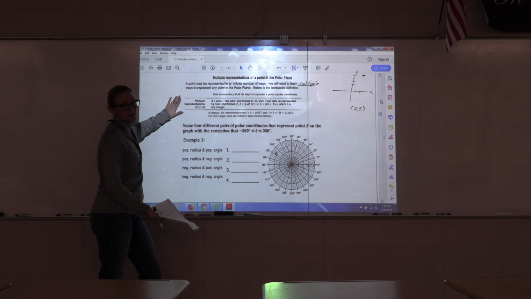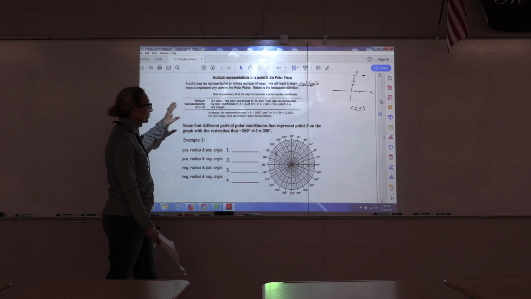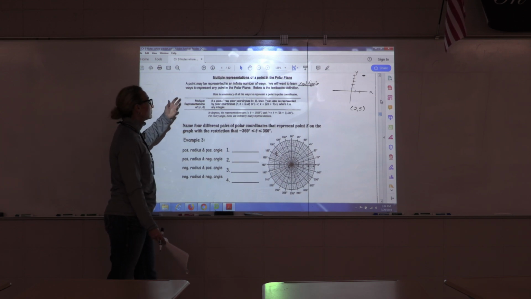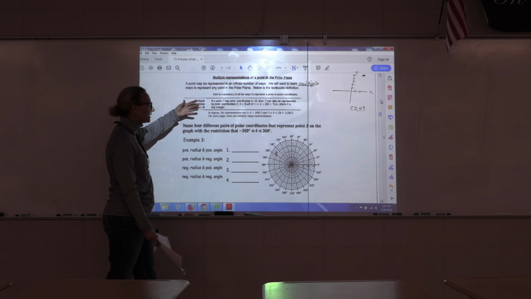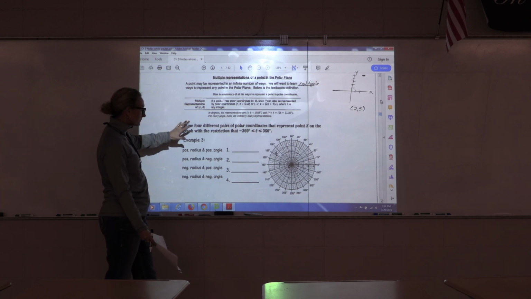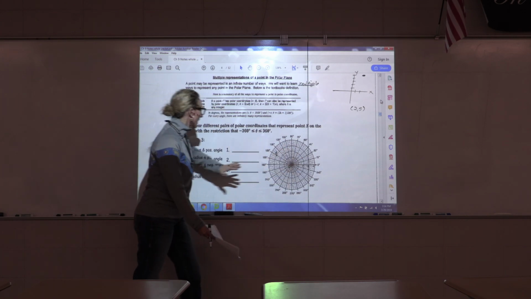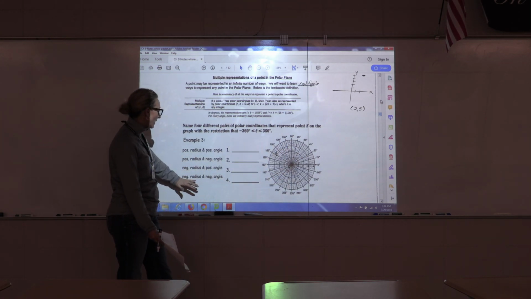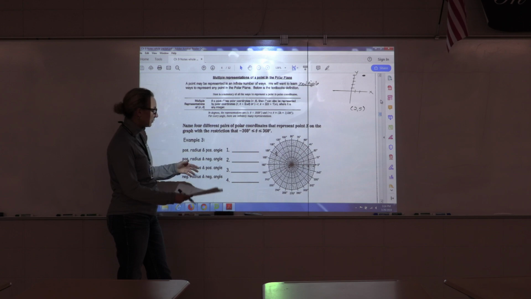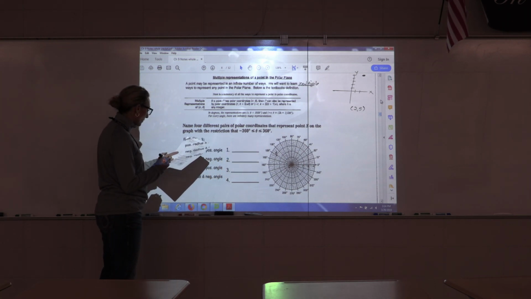Now, this is the textbook definition. I think it's confusing. We put it in there because at some point it's good for you to get some exposure to this kind of mathematical print and reading of it, but it is definitely confusing. So the best way is to actually just talk through a graph and talk through all the different possible ways to represent the point.